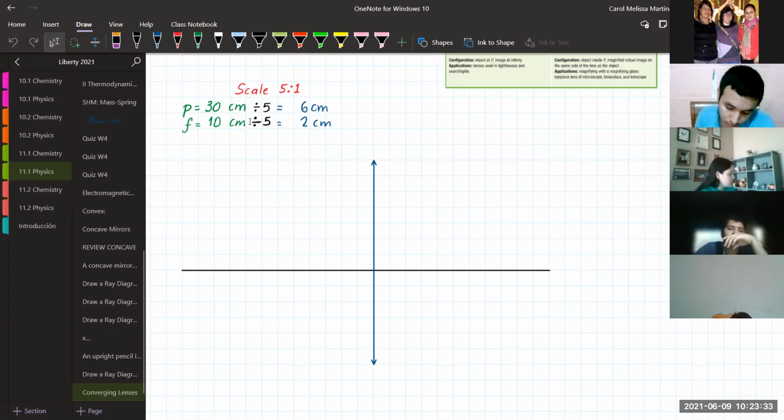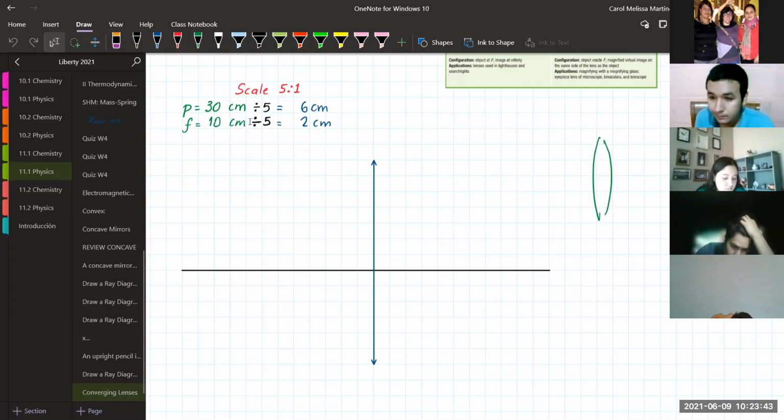Now, what is the converging lens? Is it the one that looks like an almond or the weird one? Is it like A or is it like B? What is the converging lens? How does it look like? A. Like A, okay? So this is the sketch that we're gonna do.